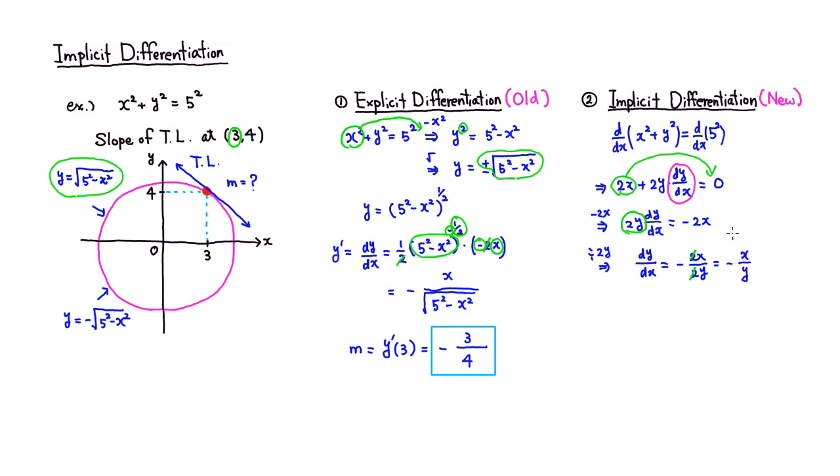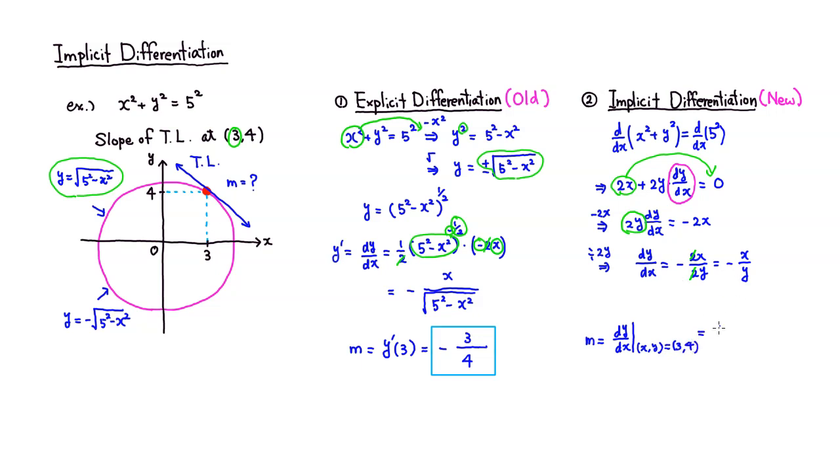So if you want to find the slope m, all you have to do is look at the derivative, dy over dx. We know that the point of tangency is (3, 4). So we plug in 3 for x and 4 for y.